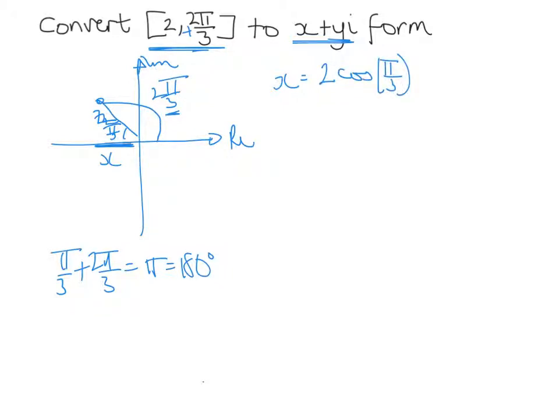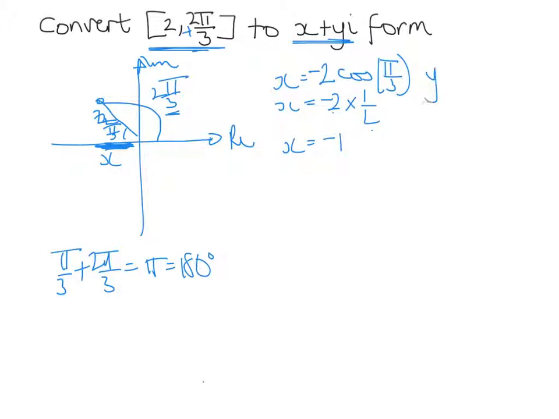Now since we're heading in a negative direction, we'll have to make the whole thing negative. Cos of pi over 3 is 1/2. So 2 times 1/2 is 1, so this would be -1.